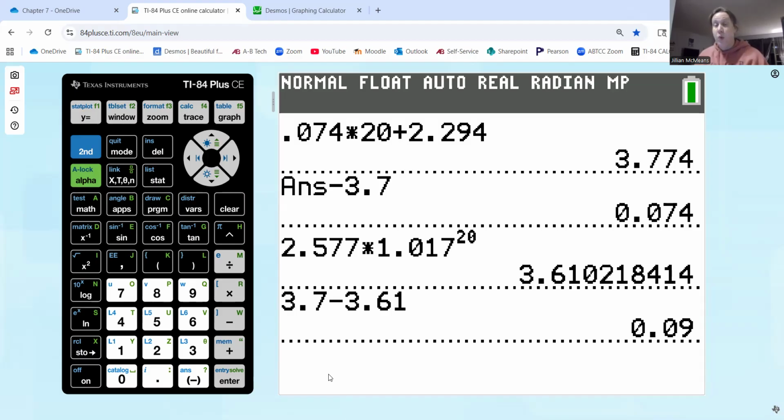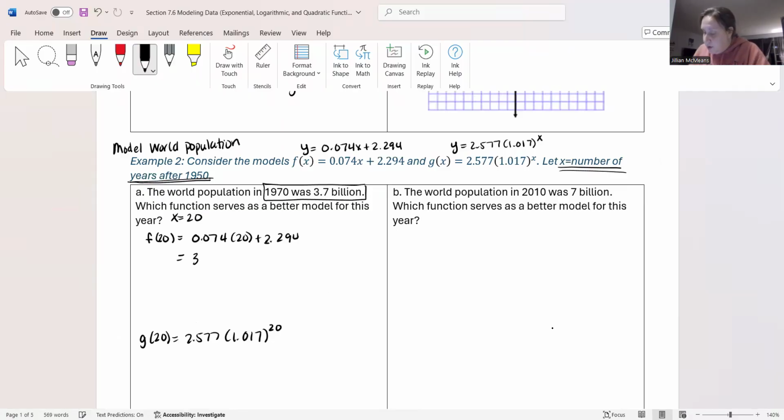So in this case, which of these two models was closer to the actual population of 3.7? Well, in this case, the linear model was a little tiny bit of a better estimate. It was off by 0.074, whereas the exponential model was off by 0.09. So let's go back to our worksheet. We had here 3.774. We had here 3.61.